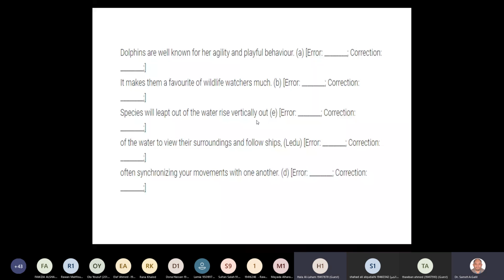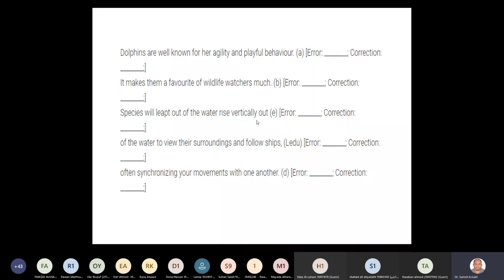So you're going to take it all the way to before wildlife. It makes them a favorite of many wildlife watchers, or a lot of wildlife watchers. I don't know the answer key yet, and perhaps we have a surprise in a minute.